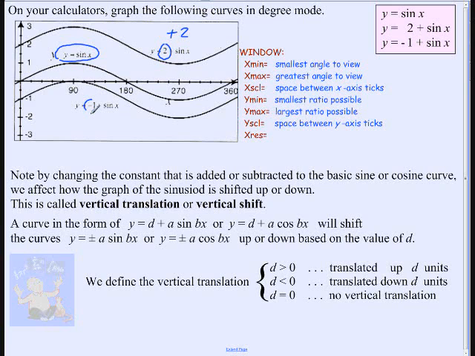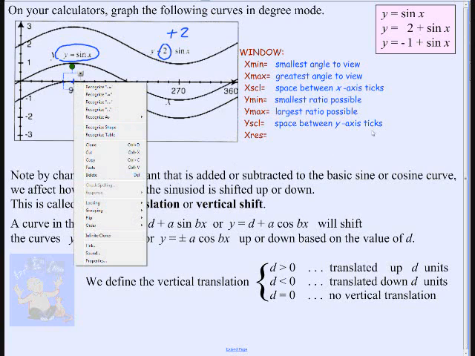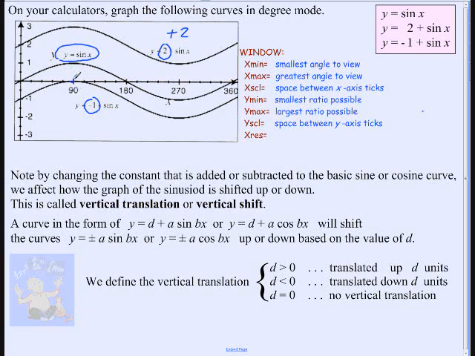And this one is subtracting 1, so it shifts the parent down 1. This is the one we just looked at where this shifted the range in such a way that the maximum is now at 0 and the minimum is at -2.